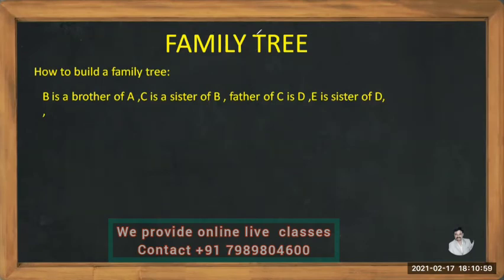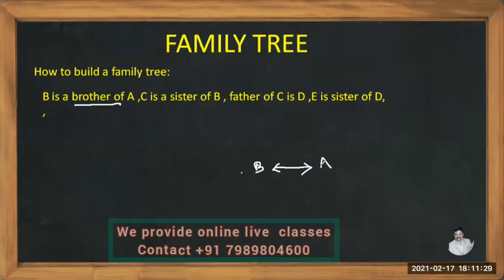Let's see my question. B is the brother of A, so I am taking B here. Already in the first part, I told you how to represent each relation with a symbol. In that video we learned that the brother relation is represented by a symbol.